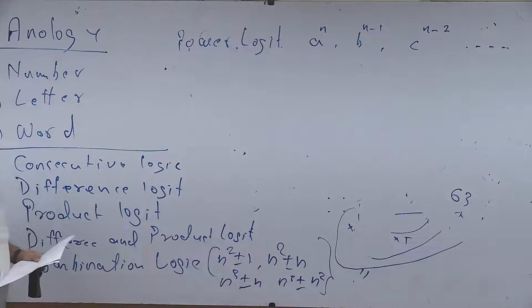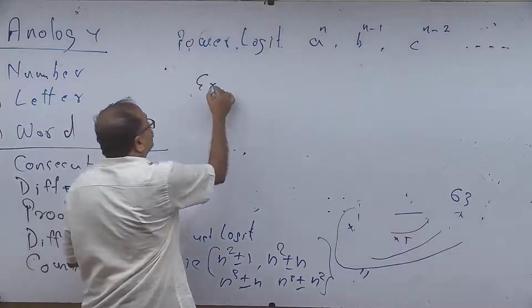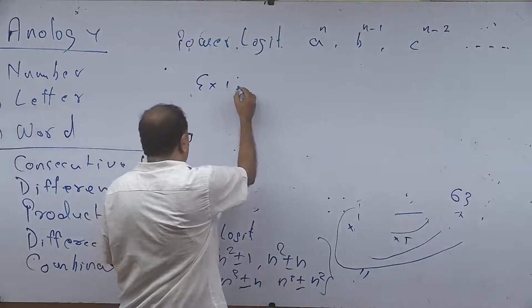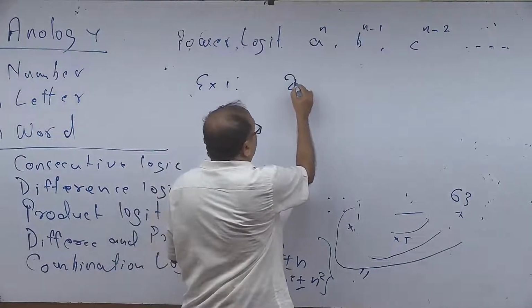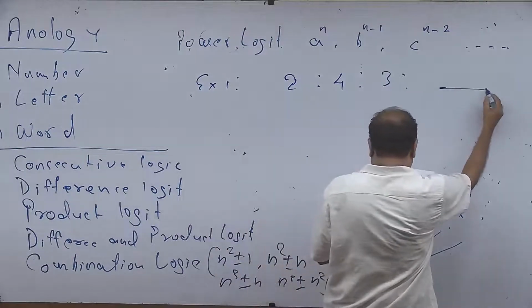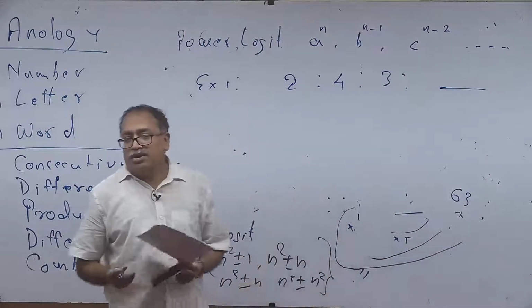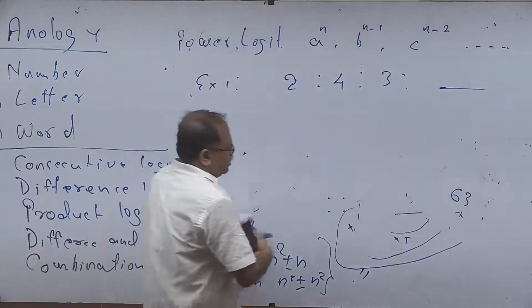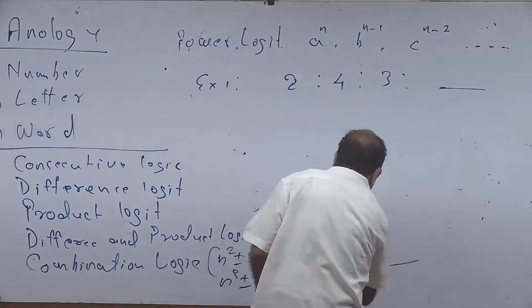Right? So shall I take one example to understand what could be the result for this? Let's say example: 1, 2 is written as 4, then 3 will be written as dash. Tell me what are the ways you can look at this, and then I will give the options.